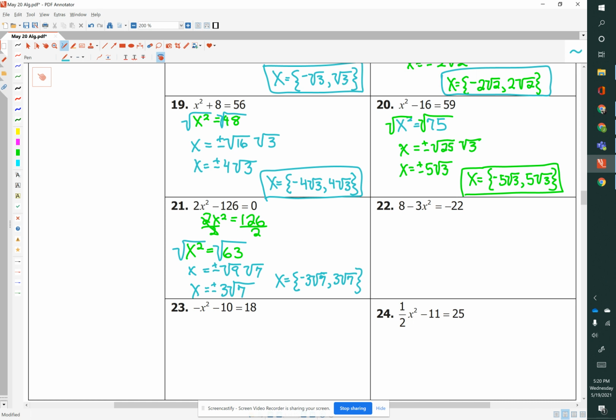Okay, number 22. 8 minus 3x squared equals negative 22. We'll subtract 8 from both sides, and we get negative 3x squared equals negative 30. And we'll divide by negative 3, which gives us x squared equals 10.